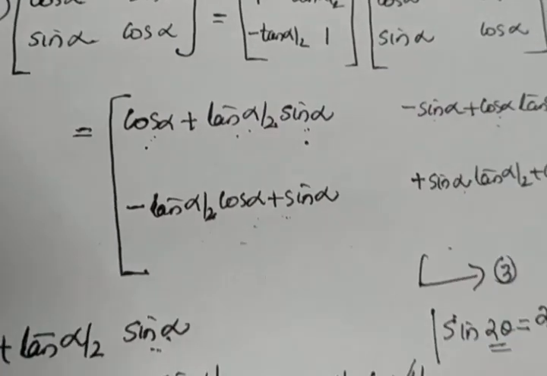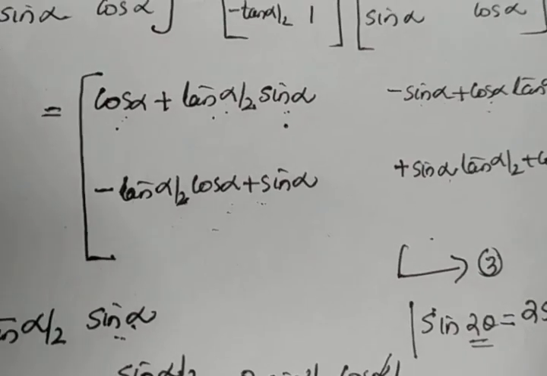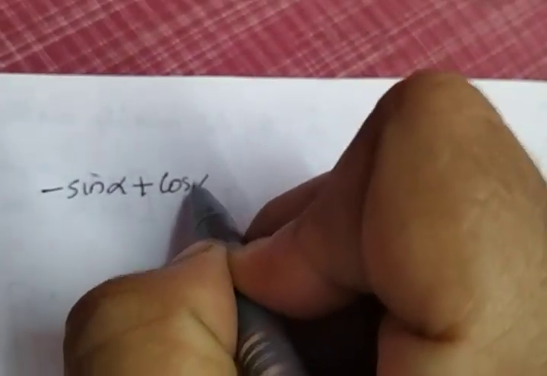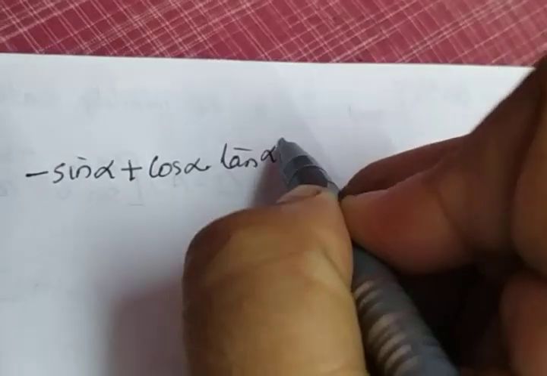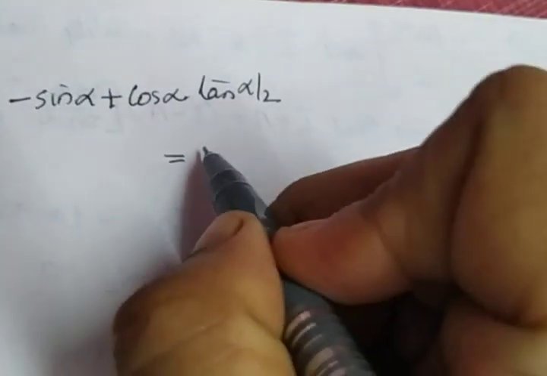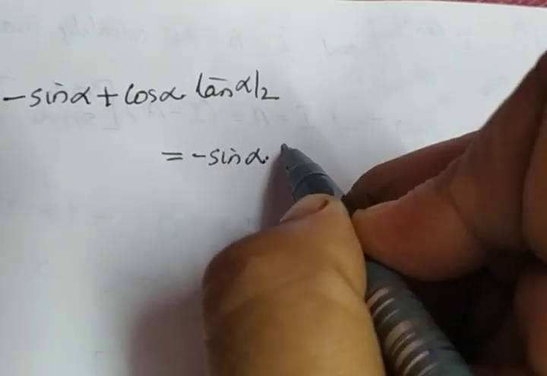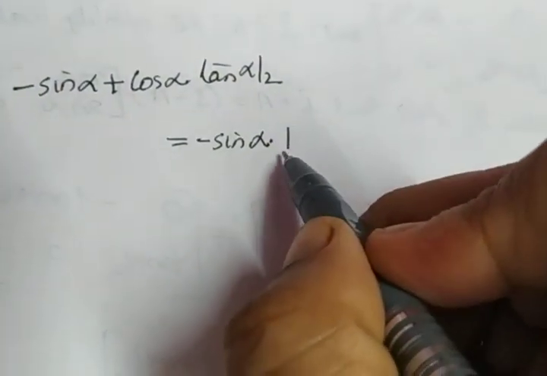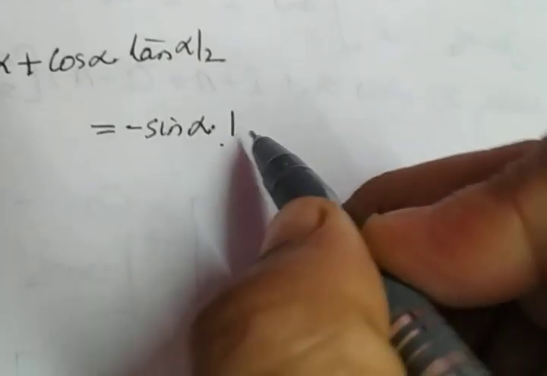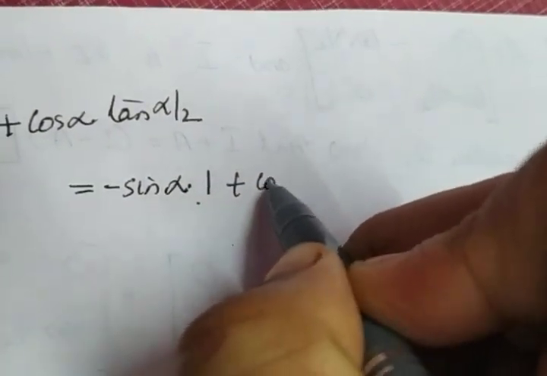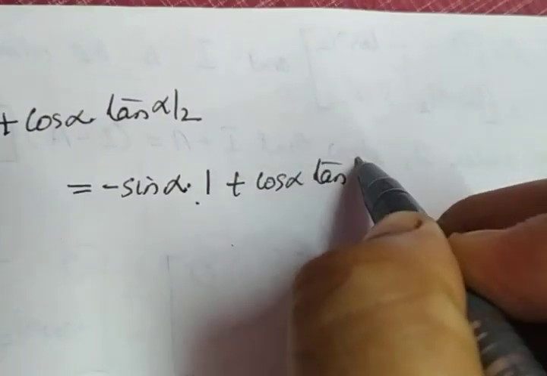Take the next term. Next term is minus sin alpha plus cos alpha into tan alpha by 2. So what we are going to do is minus sin alpha into 1, plus cos alpha into tan alpha by 2.